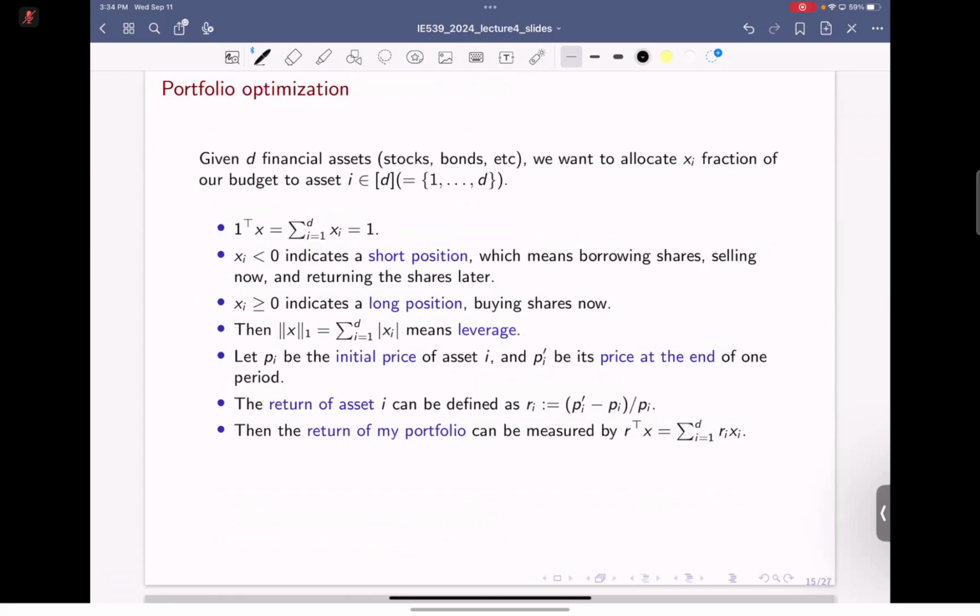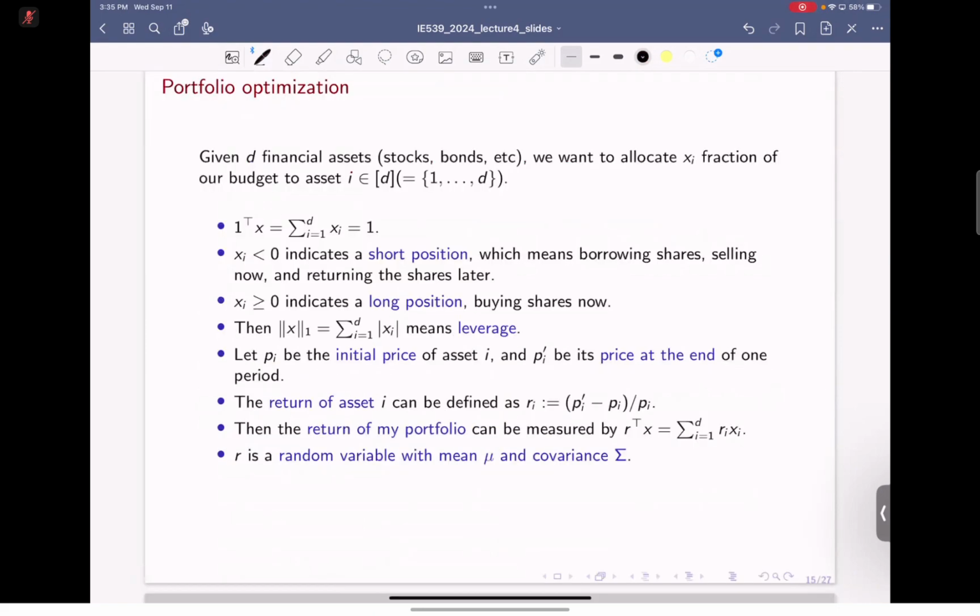So here x determines your allocation strategy, and the final return will be given by R transpose x, which is the summation of R_i, the return, times the proportion of your investment to that item i.